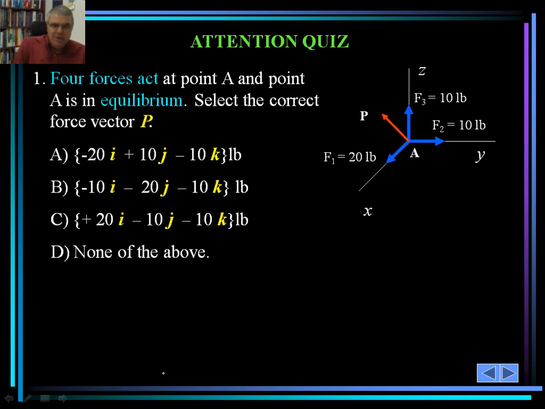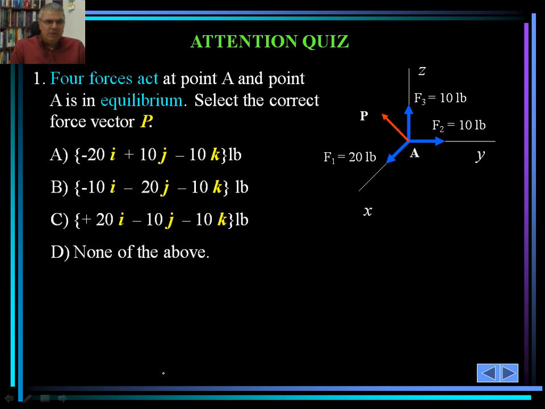Very good. Let's do an attention quiz. Four forces act at point A, and point A is in equilibrium. Select the correct force vector P. Okay, so we have these four forces, F sub 1, F sub 2, F sub 3. Again, P is included.